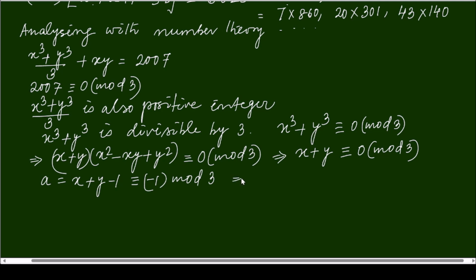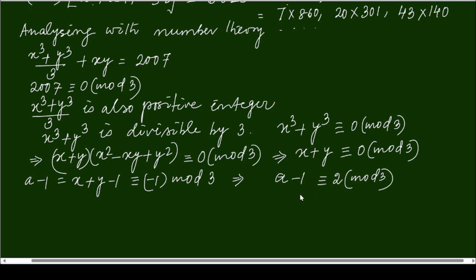Sorry, I should write a minus 1. Then a minus 1, which is x plus y minus 1, is minus 1 modulo 3. That means a minus 1 is congruent to 2 modulo 3.